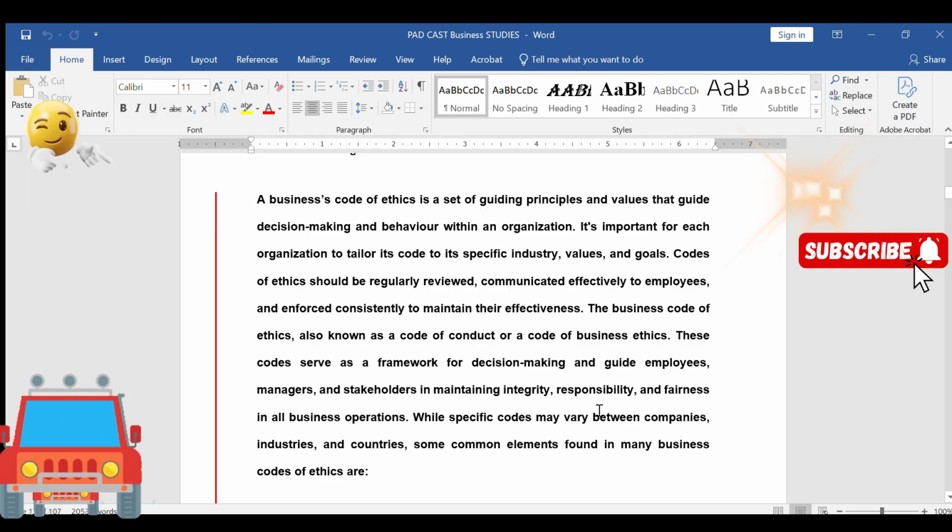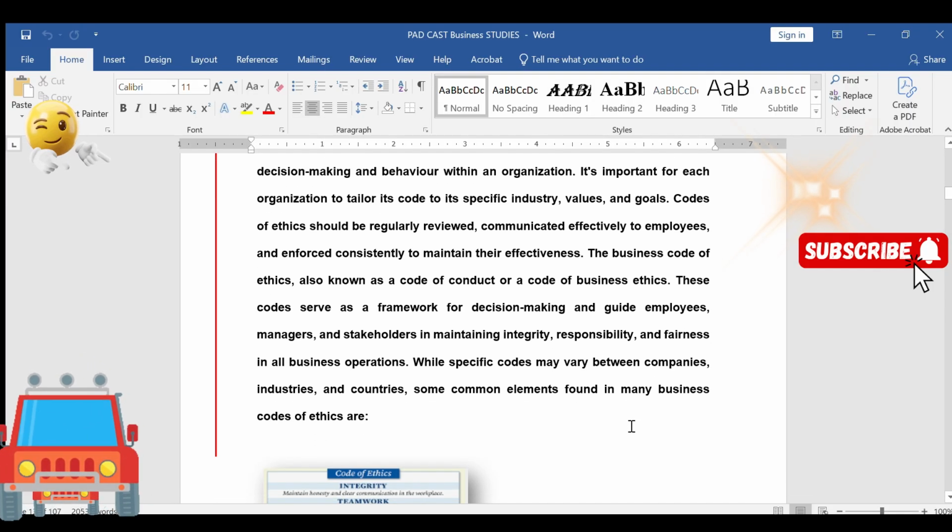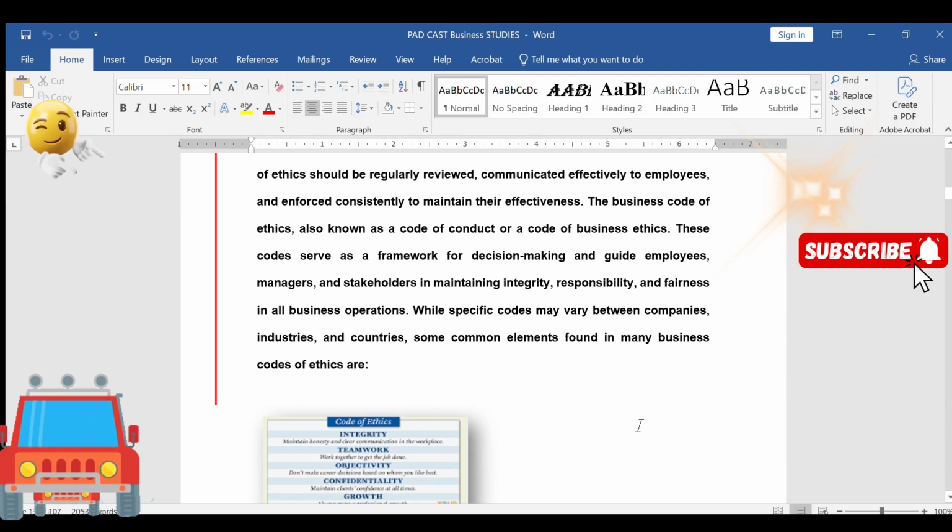The Business Code of Ethics, also known as a Code of Conduct or Code of Business Ethics, these codes serve as a framework for decision making and guide employees, managers in maintaining integrity, responsibility, and fairness in all business operations.